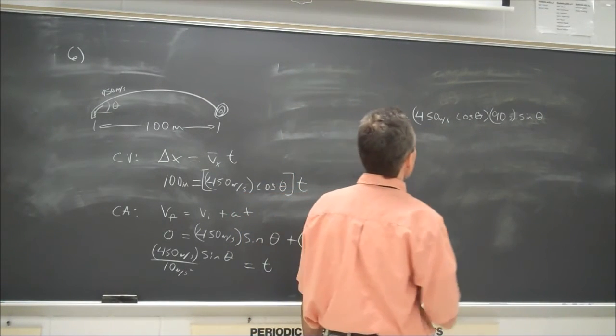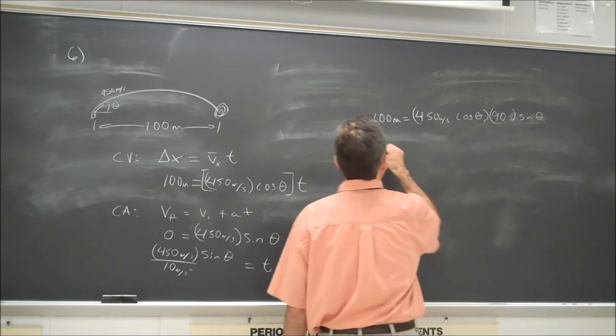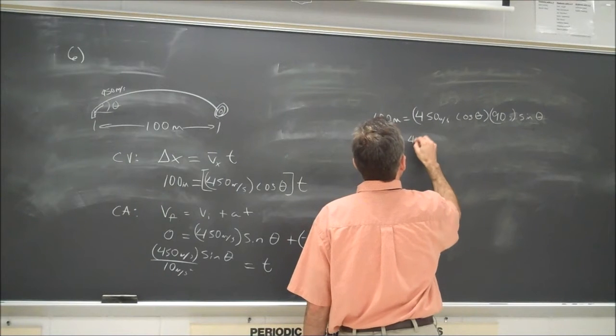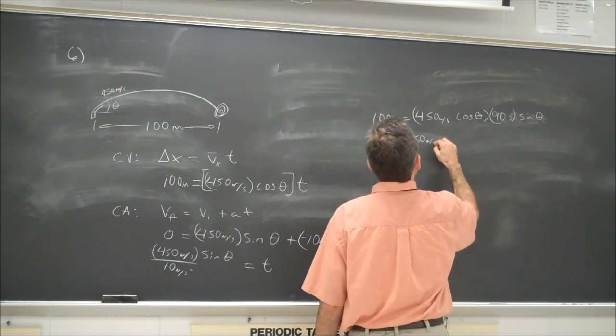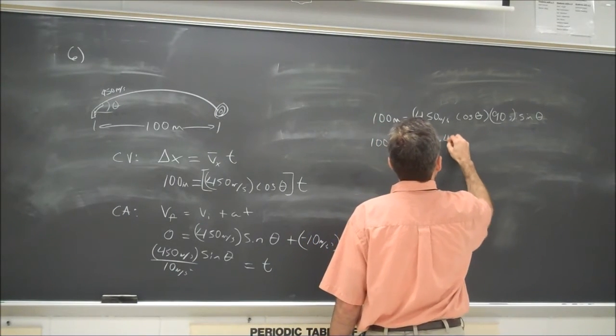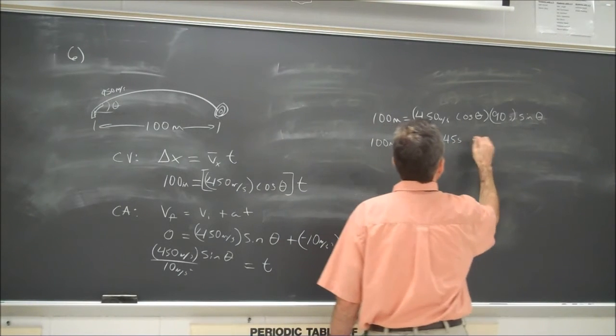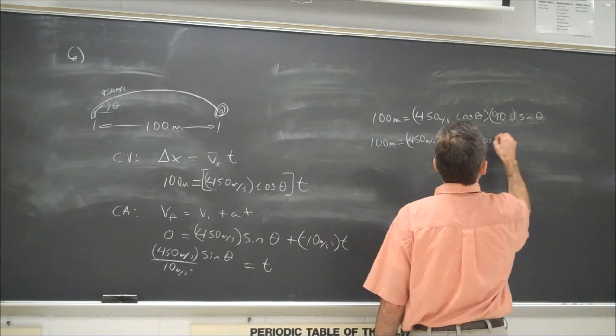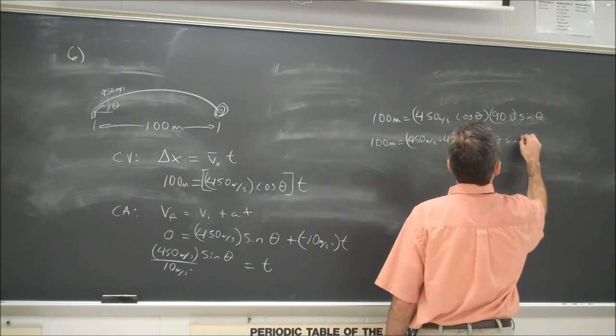So I'm going to go ahead and I think pull out a 2 here. So I'm going to get 100 meters equals 450 meters per second times 45 seconds times 2 cosine of theta sine of theta.